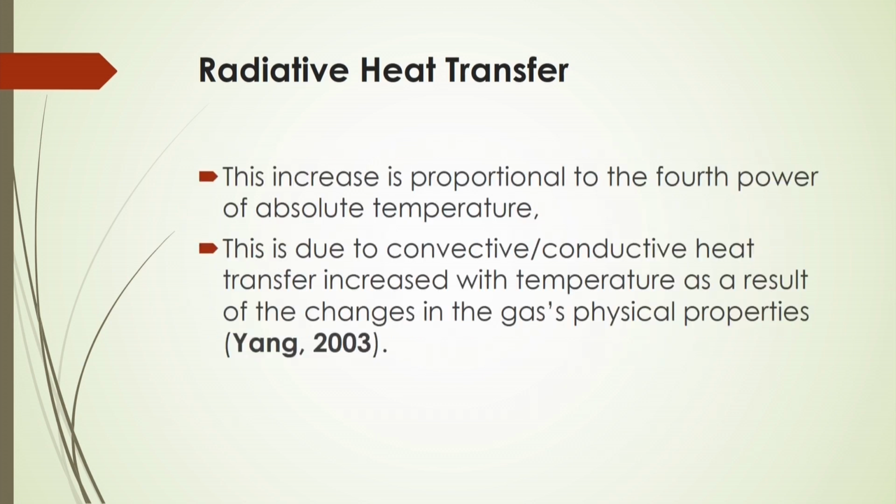Now, this increase is proportional to the fourth power of absolute temperature. So, this radiative heat transfer is proportional to the fourth power of absolute temperature, and this is due to the convective or conductive heat transfer increasing with the temperature as a result of the changes in the gaseous physical properties, as reported by Young 2003.